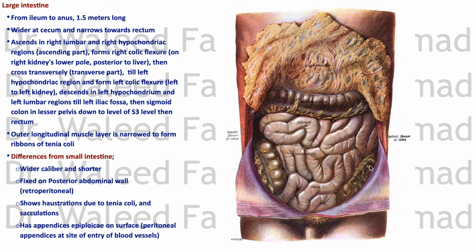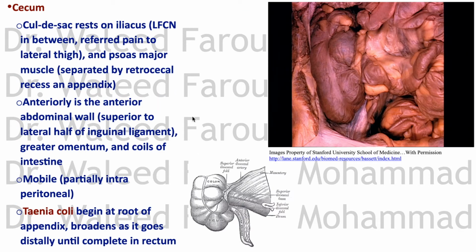It almost covers the sigmoid colon here. When you see it in real life, it's a piece of intestine that's almost totally covered by appendices epiploicae. Okay, these are the major differences between the large intestine and the small intestine.